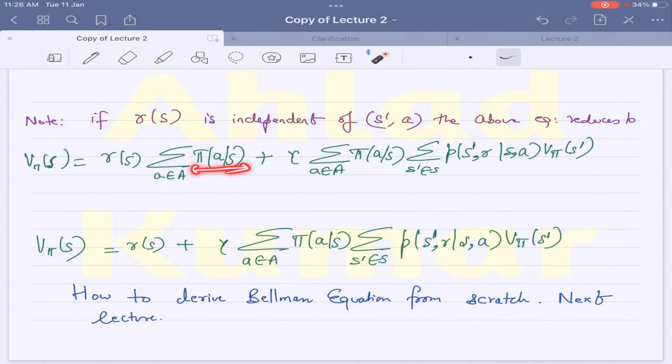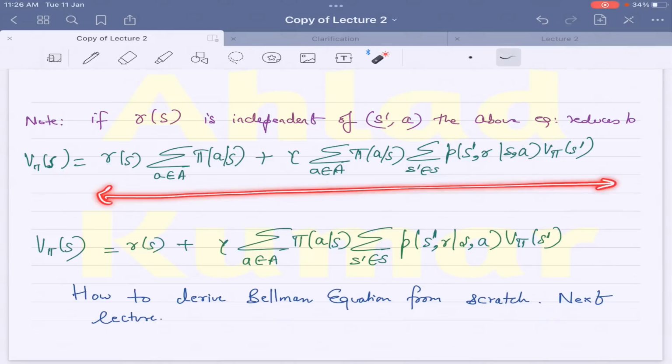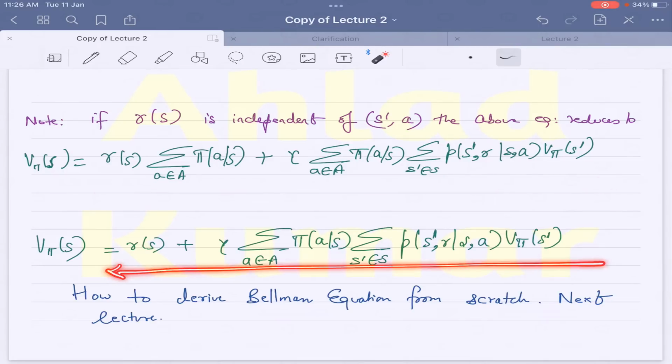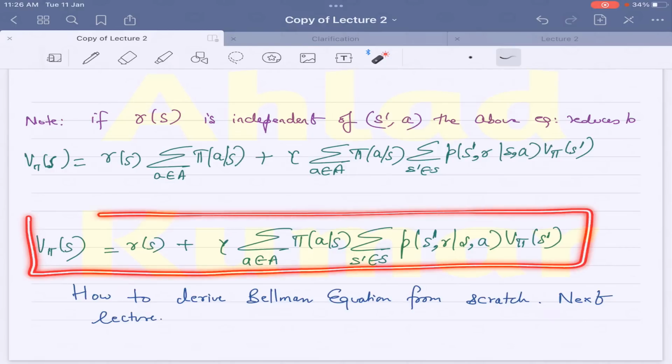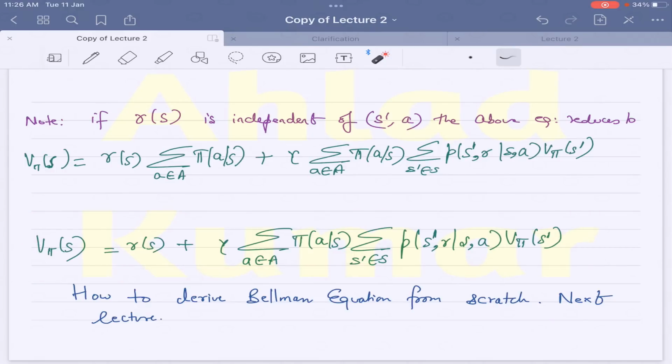And since it's a policy and you are summing over all the actions, that value will come out to be 1. So you can reduce this expansion further to this. This is also a simplified Bellman equation, and we will see in our next lecture how to derive these Bellman equations from scratch.